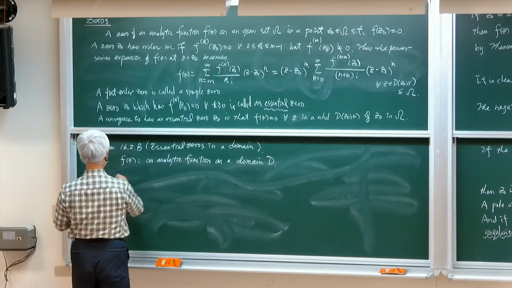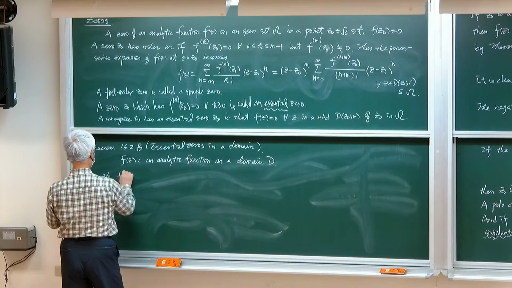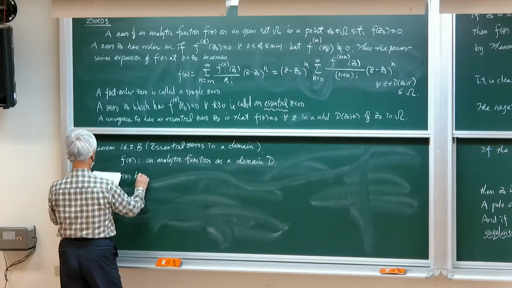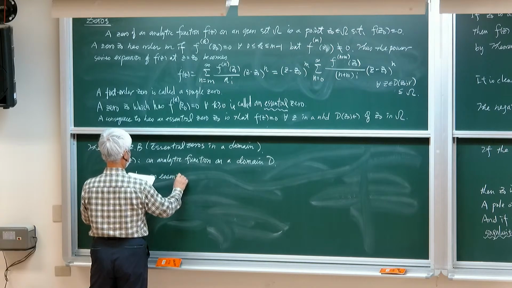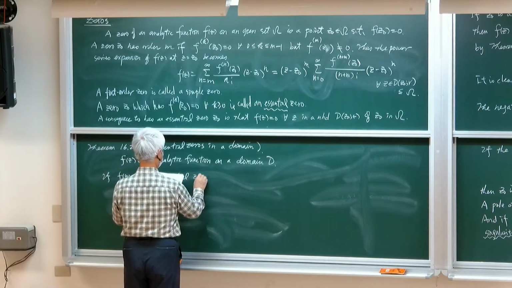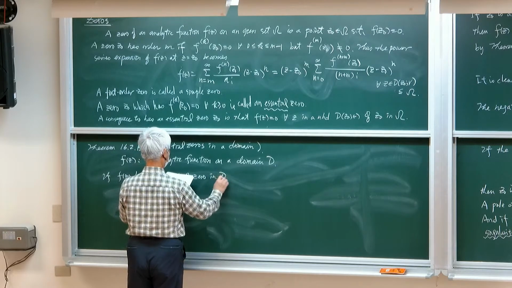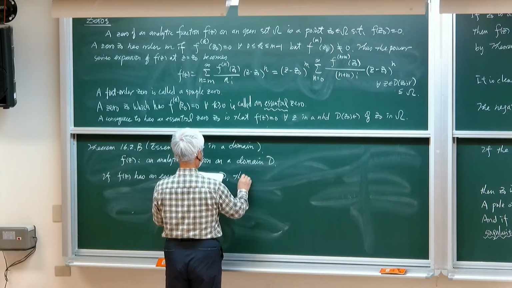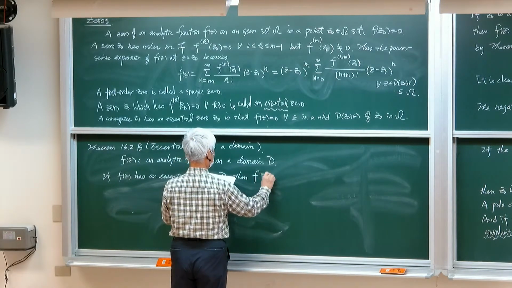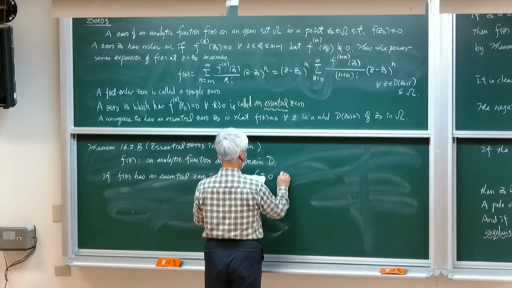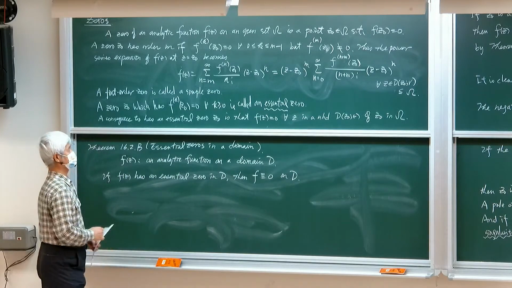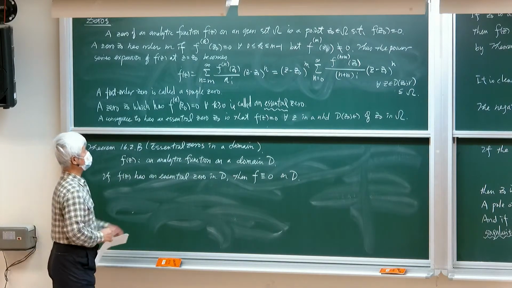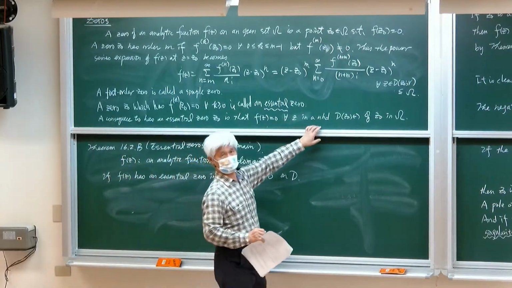If f of z has an essential zero in D, then the function is 0 on all of D, not just a neighborhood only.